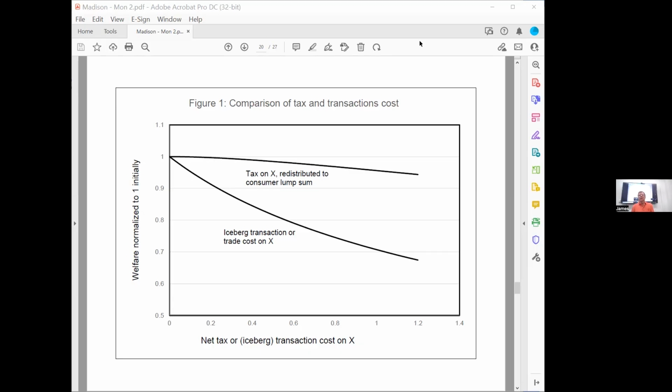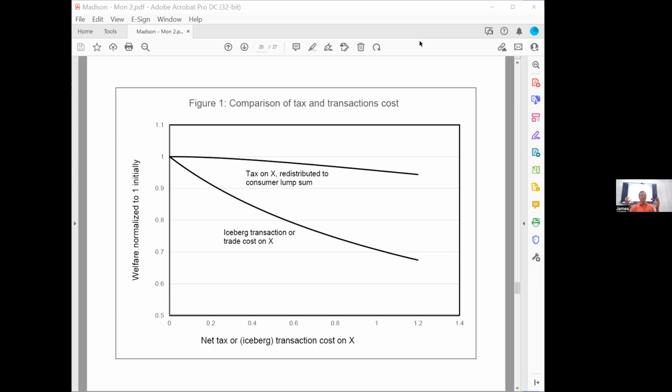So this is just one illustration of many things where theory should guide modelers to get as realistic as possible when you incorporate added features into the model. If you think that this is a real cost, a regulatory red tape burden, or anything that's not resulting in revenue, don't model it as a tax equivalent.